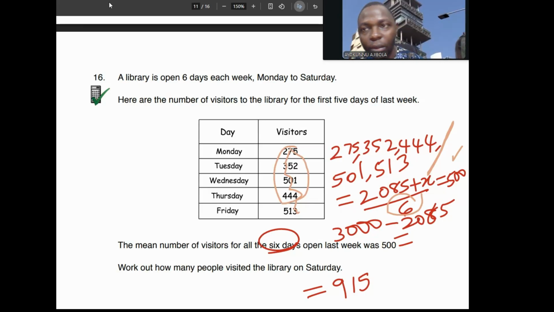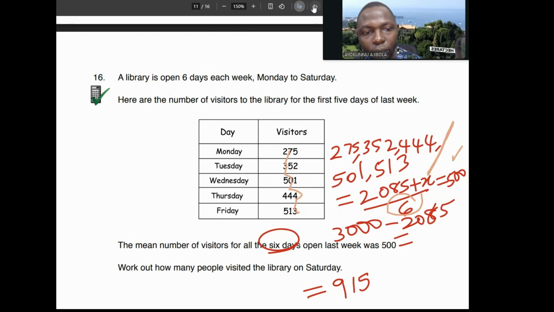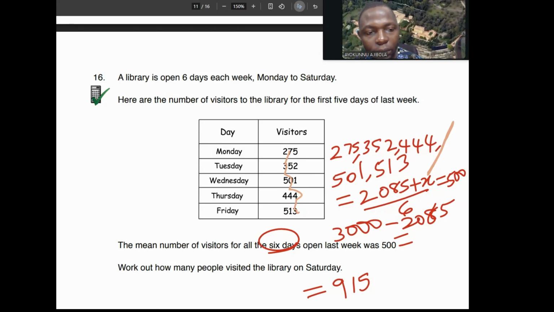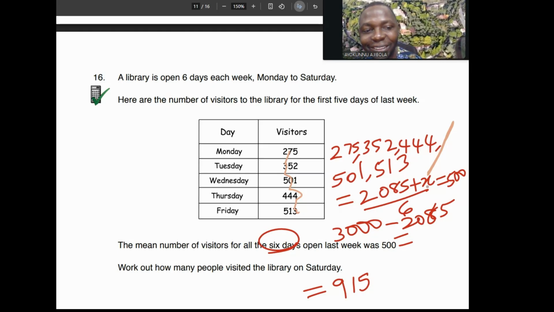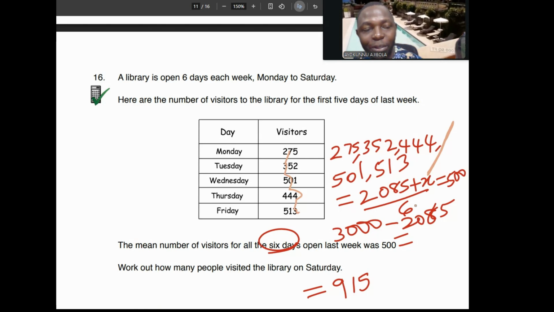Wait, but that's what I did. I added 513, 444, 501, 352, and 375 to get 2085. Then I did 2085 divided by 6 to get 347.5. No, no, you did not add Saturday. Why are you dividing by 6?